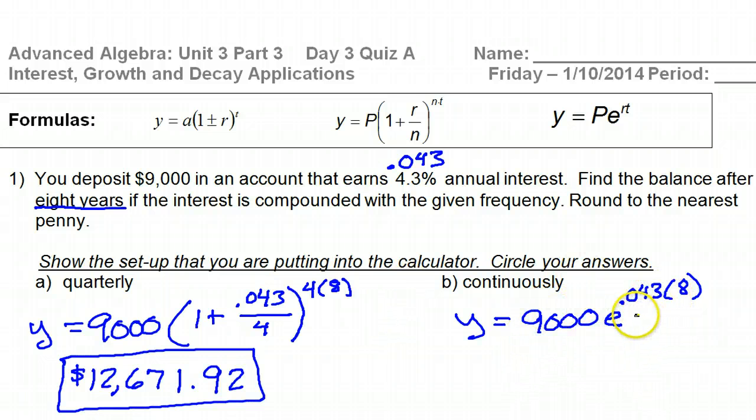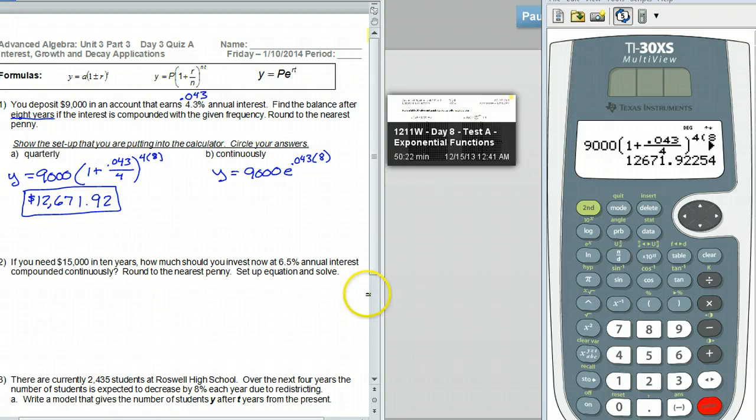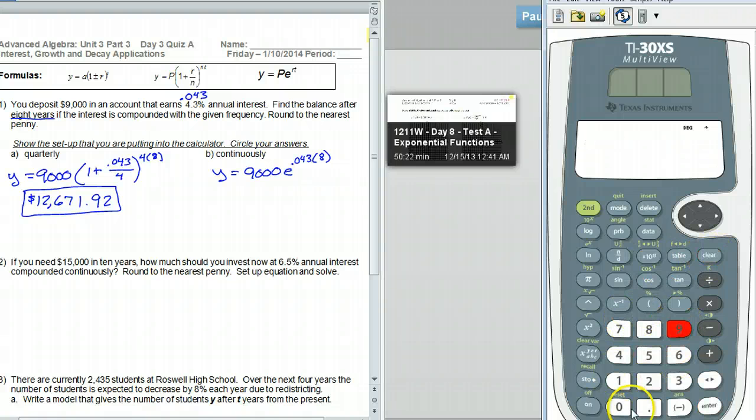So we will put this in our calculator. To get to the E, we'll do second, this guy. Okay, so that's $12,695.21.